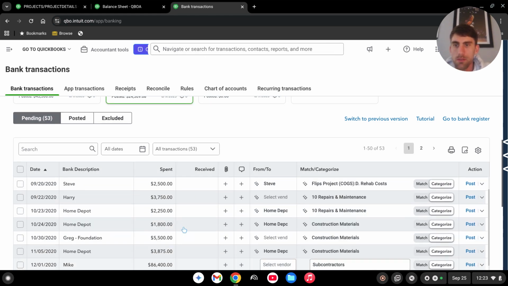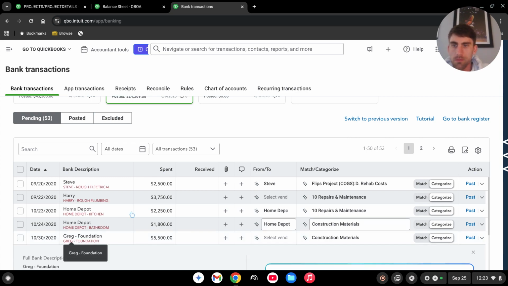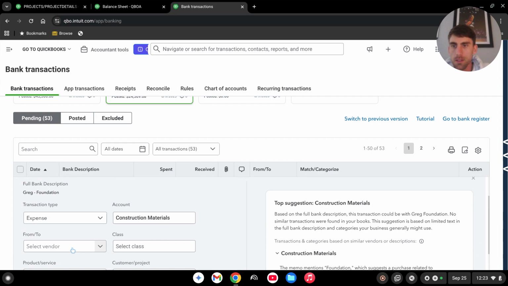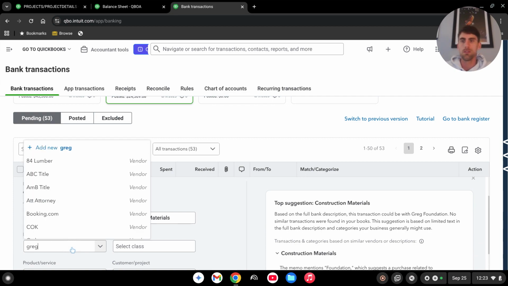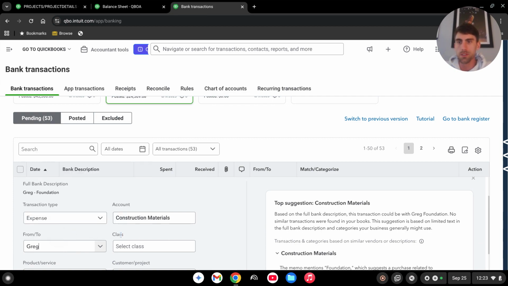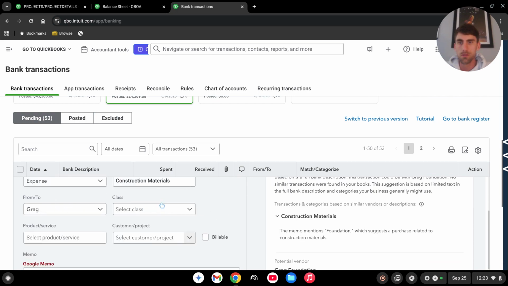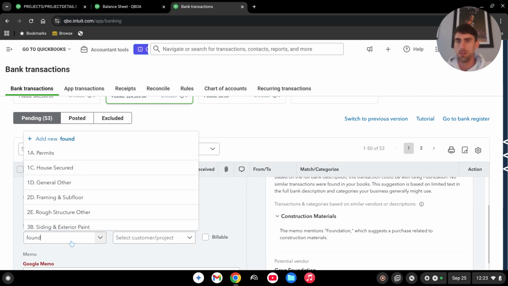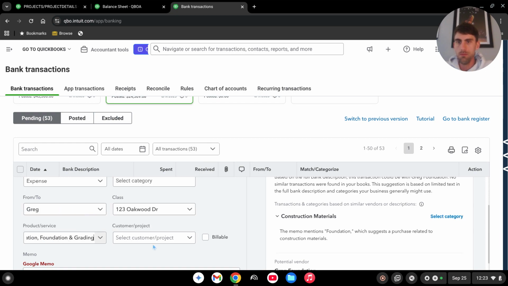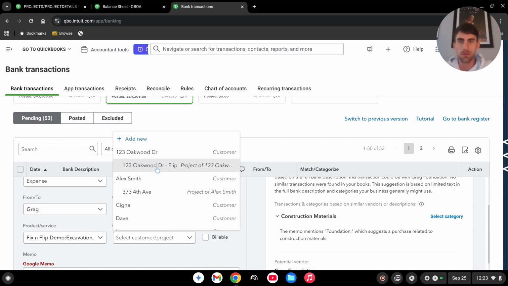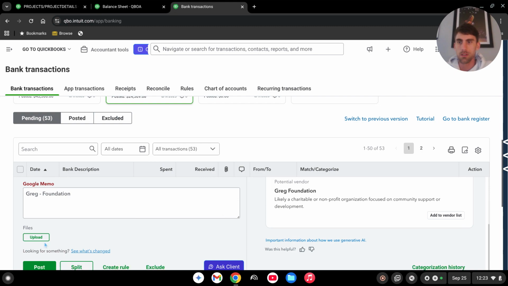And maybe we have one more for the foundation. So we already have Greg set up as the vendor. We have our foundation and our project.